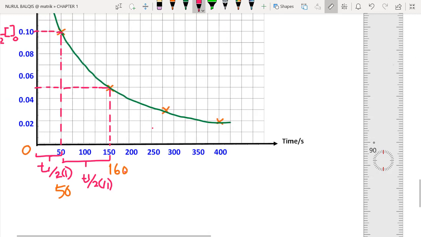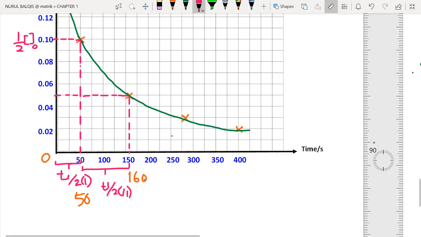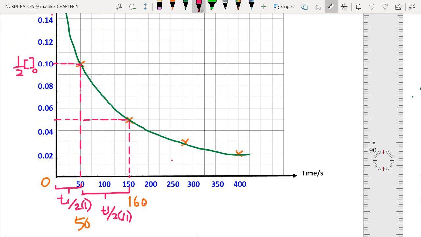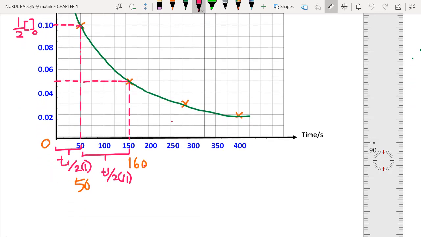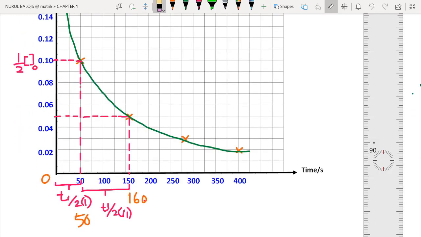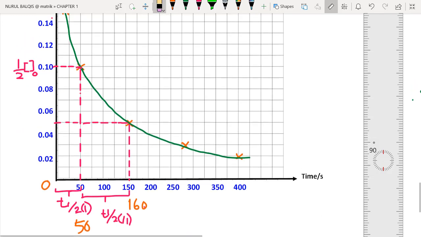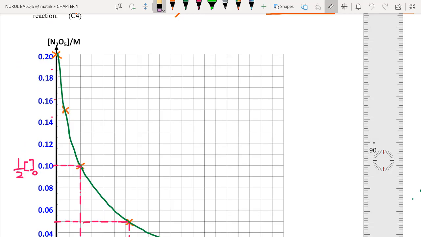So by right, if you compare this value 50 and also 110, we could see that our second half-life is double the first half-life. So we could write that our second half-life is equivalent to 2 times our first half-life.